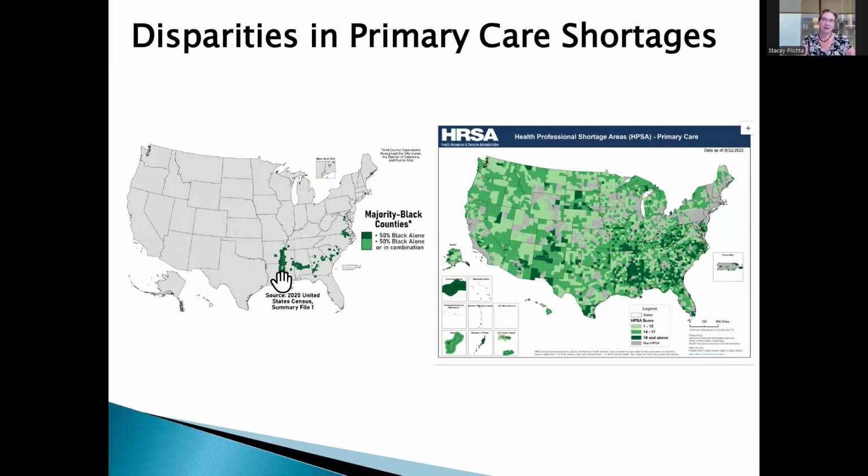Look at this belt and look at the belt of severe health professional shortage areas and notice the overlap. That's a big disparity in access to primary care for Black people living in the Deep South.